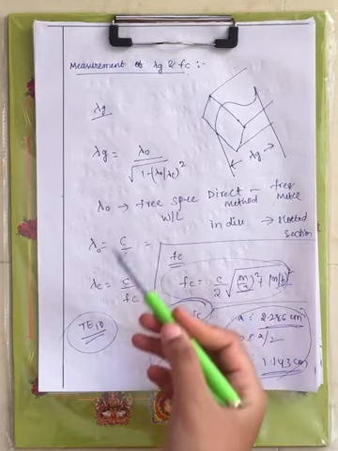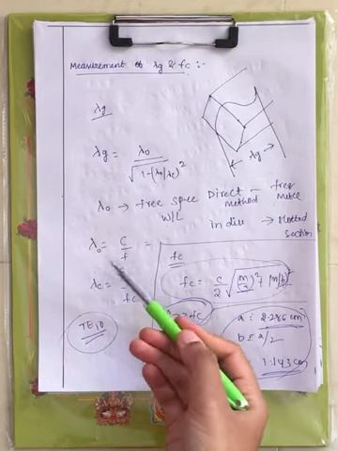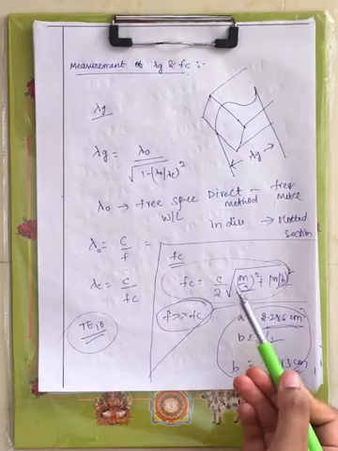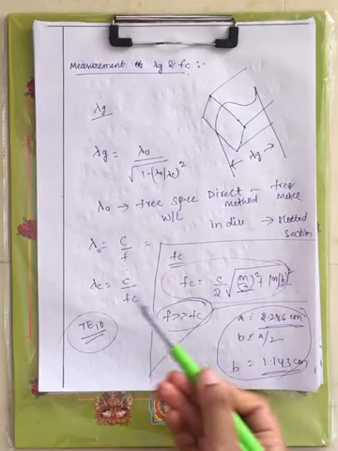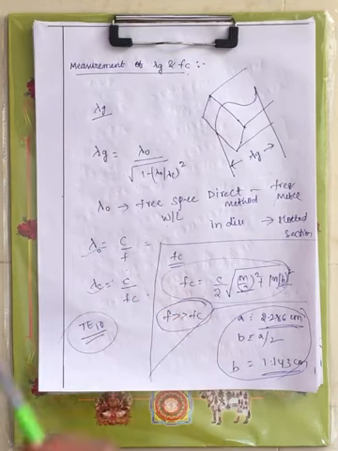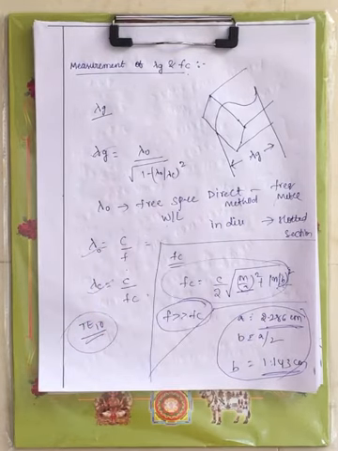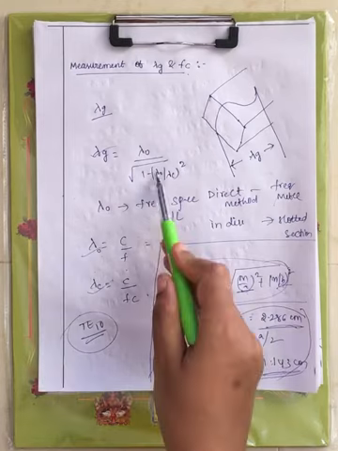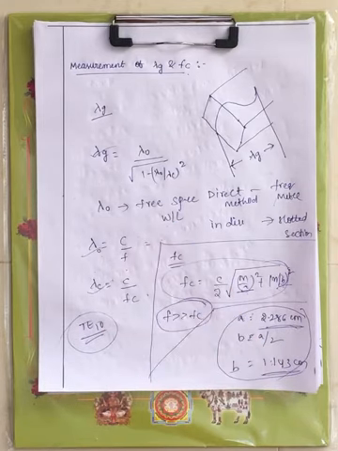Similarly for lambda g, the operating frequency will be given and lambda naught can be calculated. Once you calculate fc, you can calculate lambda c using this formula. If you know lambda naught and lambda c, you can calculate guided wavelength, right? The theoretical calculations you have to compare with the practical measurements which you have done in your lab, right?